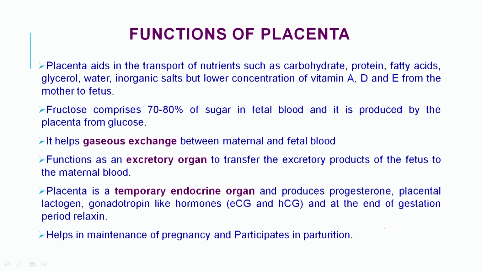It also acts as an excretory organ for the fetus. It is a temporary endocrine organ. It secretes equine chorionic gonadotropin and human chorionic gonadotropin, and it helps in the maintenance of pregnancy, and at the time of parturition it helps in the contraction and expulsion of the fetus.